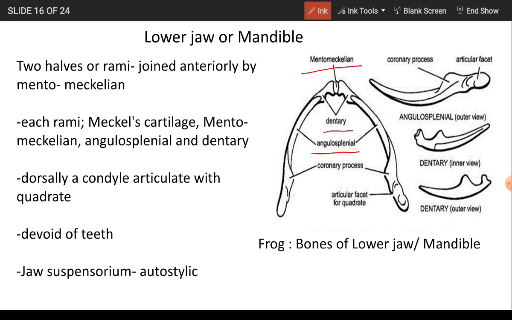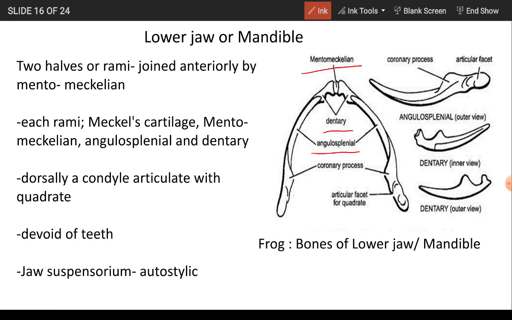The other bone is called the angulosplenial bone. It is a long and curved bone which forms the main inner and anterior portion of each ramus, the halves of the mandible.